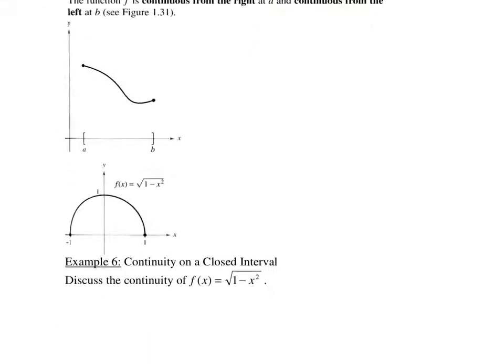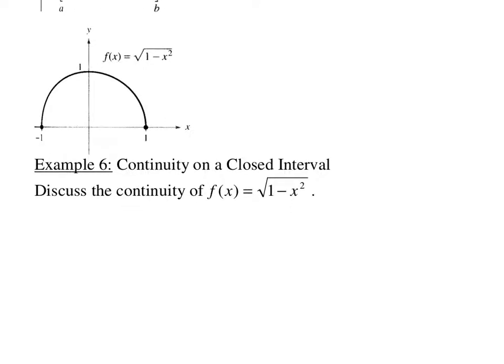Okay? So here, discussing the continuity of this semicircle, square root of 1 minus x squared, what would we say about the continuity of f of x here?